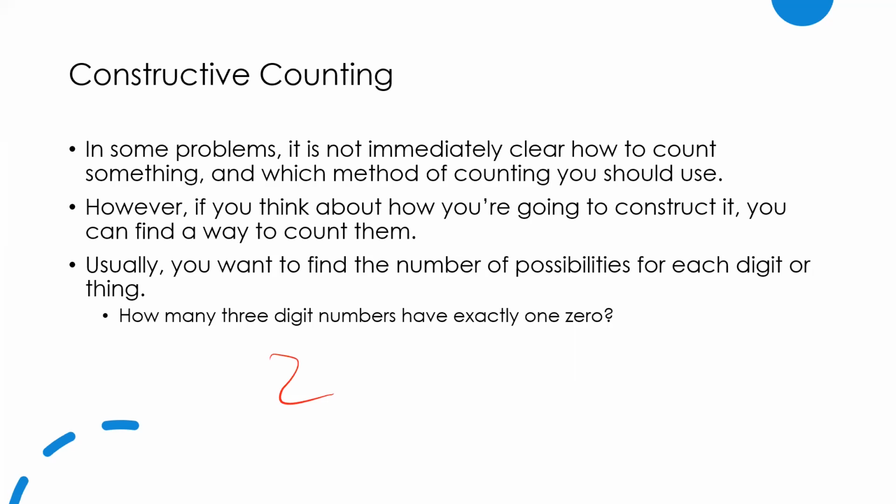Then we calculate the number of digits the first digit can have, which is going to be 9, so times 9 here. And then we calculate the number of possibilities the other digit that's not the 0 can have, which is also 9. So we get 162.